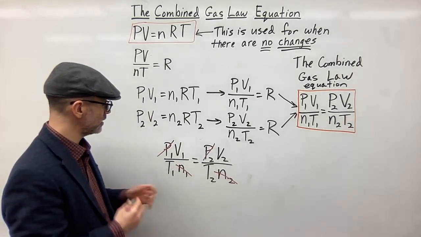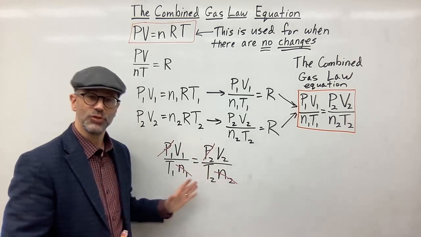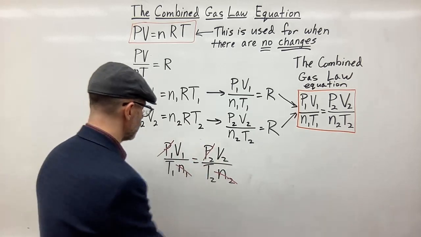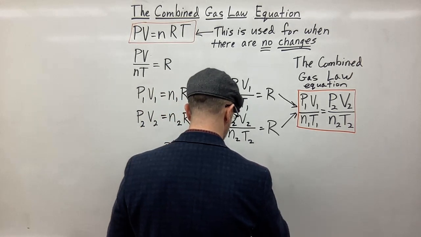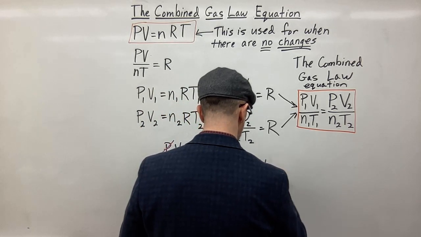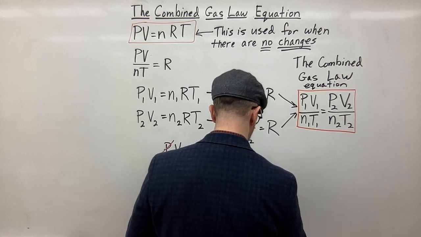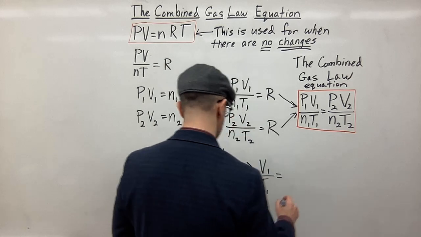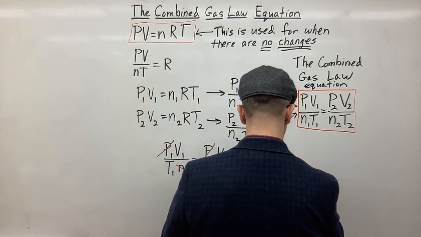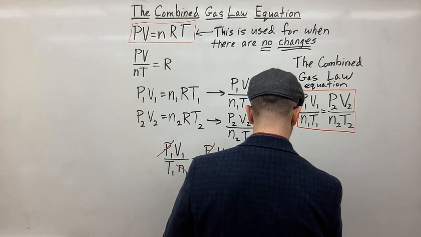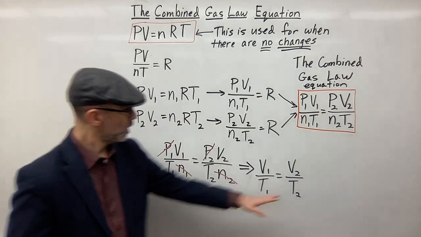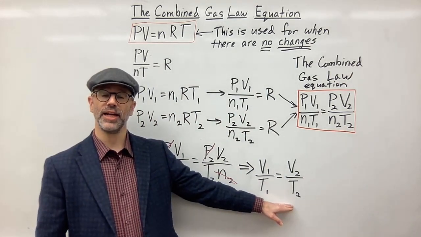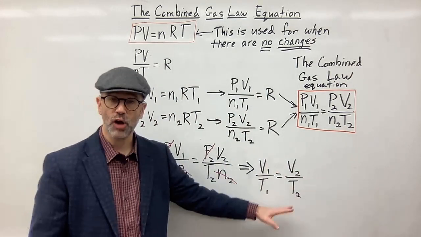And so in this case, what's left over for the equation is V1 over T1 is equal to V2 over T2. So now I have that equation that I can use to solve the problem.